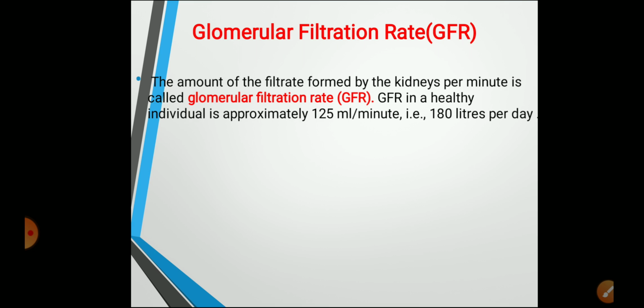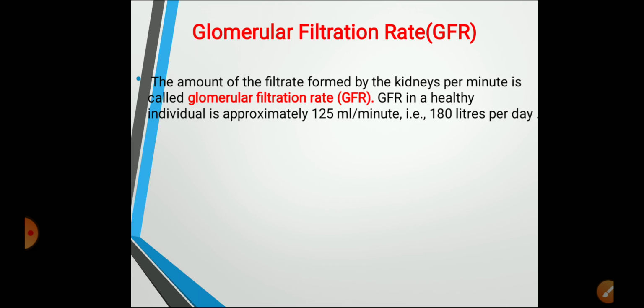Now, the amount of glomerular filtrate formed by the kidneys per minute is called the glomerular filtration rate or GFR. Very important. So what is GFR? It is the amount of filtrate formed by the kidneys per minute.